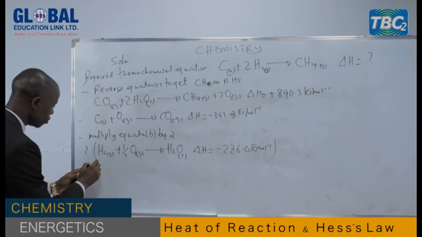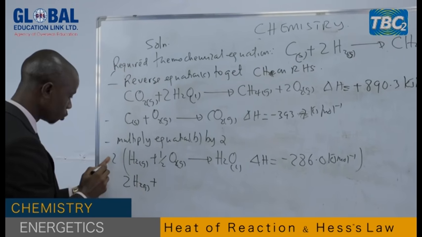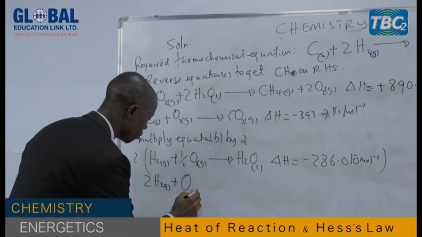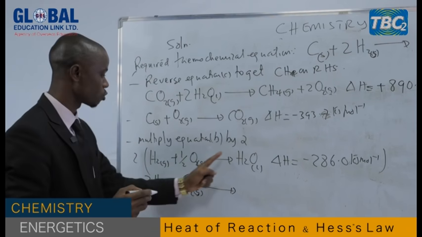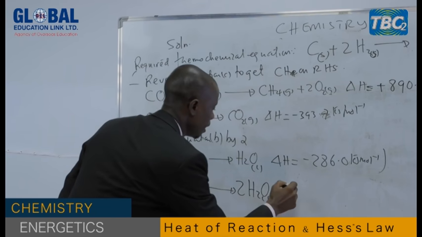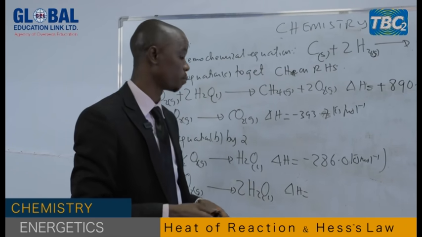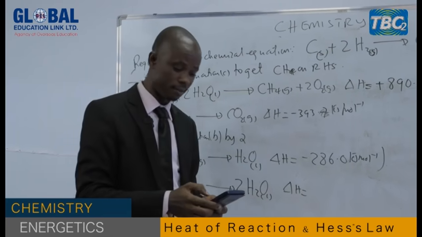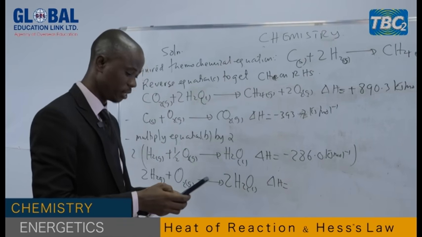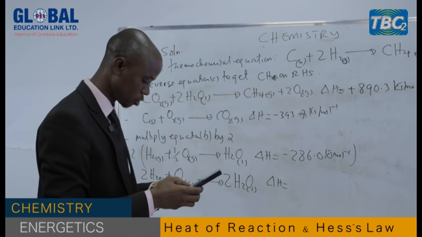So when you multiply, you get 2 hydrogen gas. 2 times a half, these two and these two will cancel, so we're going to remain with 1 mole of oxygen gas. 2 times 1 mole of water, we are going to get 2 moles of water, liquid. And for the enthalpy change, 2 times negative 286.0 kilojoules per mole. You just use your calculator. I hope that you have a calculator, because I'm sure that you are following, my dear students. So you take 2 times negative 286.0 kilojoules per mole.